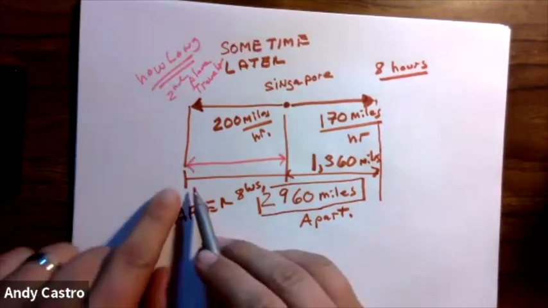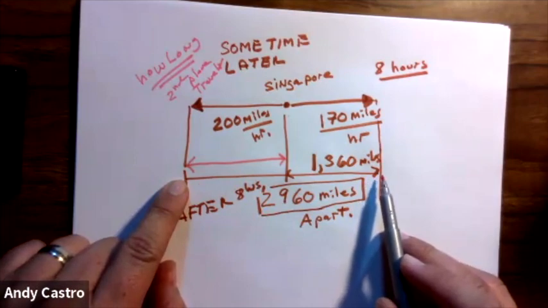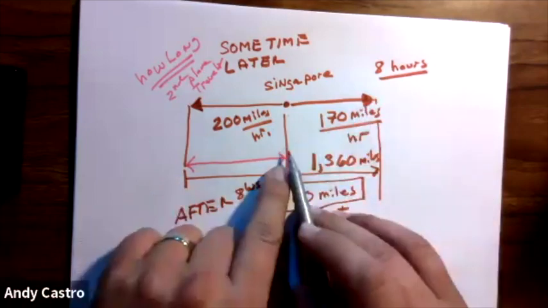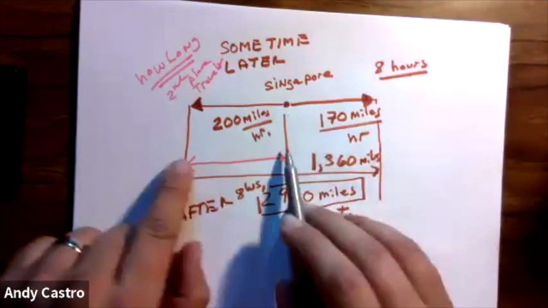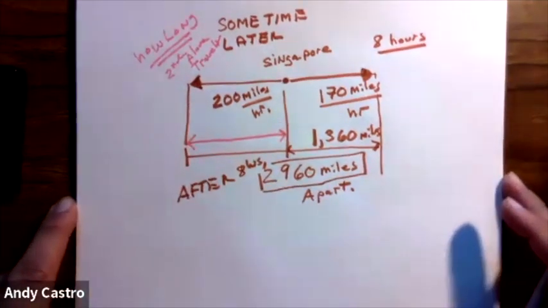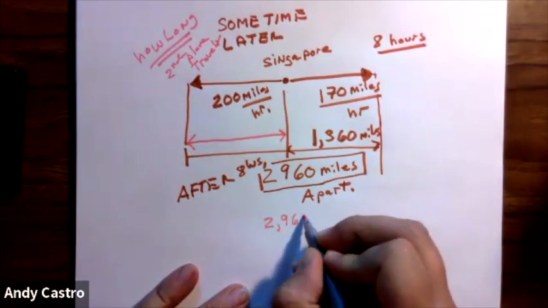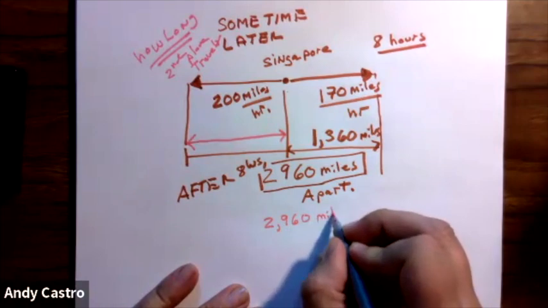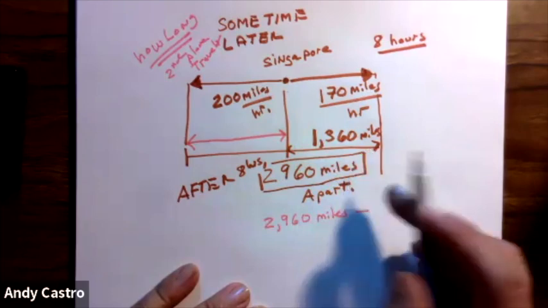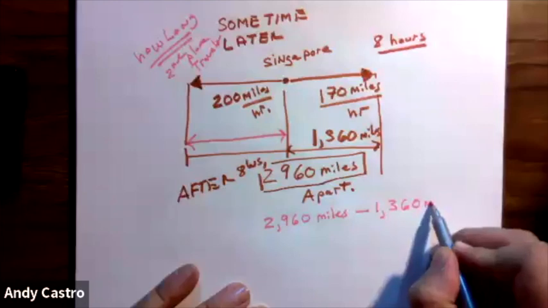Because if they are 2,960 miles apart at 8 hours from when the first plane left, and we know how far the first plane went, we can calculate how far the second plane went. So we would do 2,960 miles minus how far the first plane went, 1,360 miles.